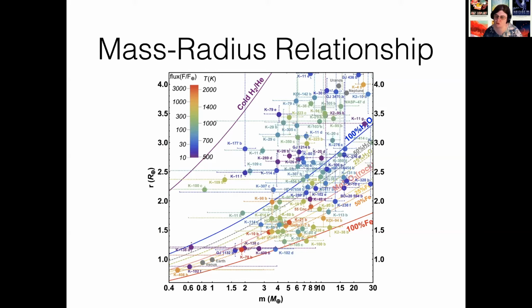And this plot doesn't show it as well, but as you go out from 20 to 30 Earth masses, you're finding very few rocky planets. This is telling us something about pattern. There aren't very many rocky planets the size of Jupiter. There aren't very many gas giants the mass of Earth. There's some kind of transition between Earth and Neptune.